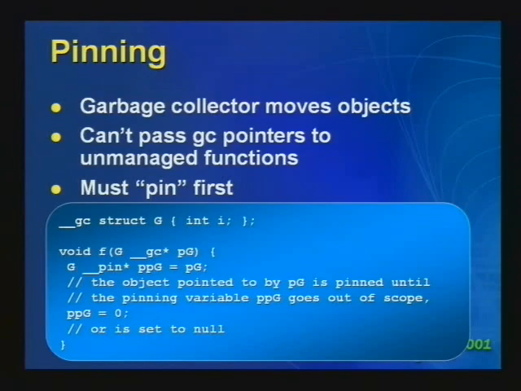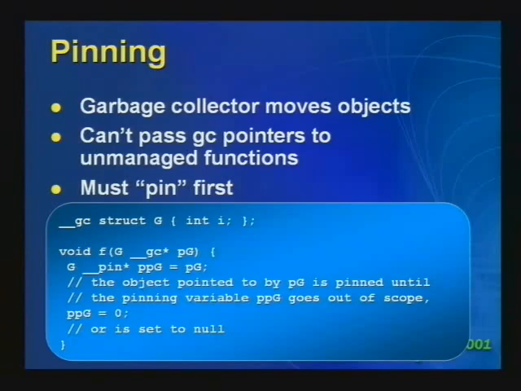Class has visibility private by default and inheritance private by default. Struct has visibility public by default and inheritance public by default, and you use the GC or value keyword to tell the compiler whether this is a value type or a reference type. So what I have here is the same as GC class struct public: int i.